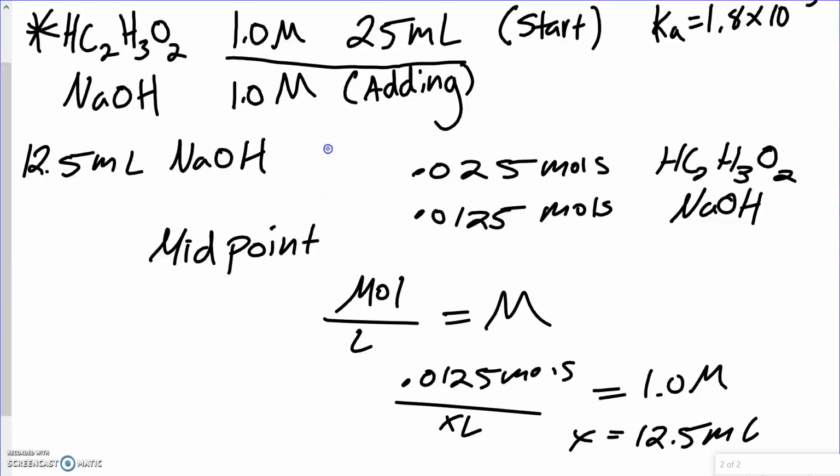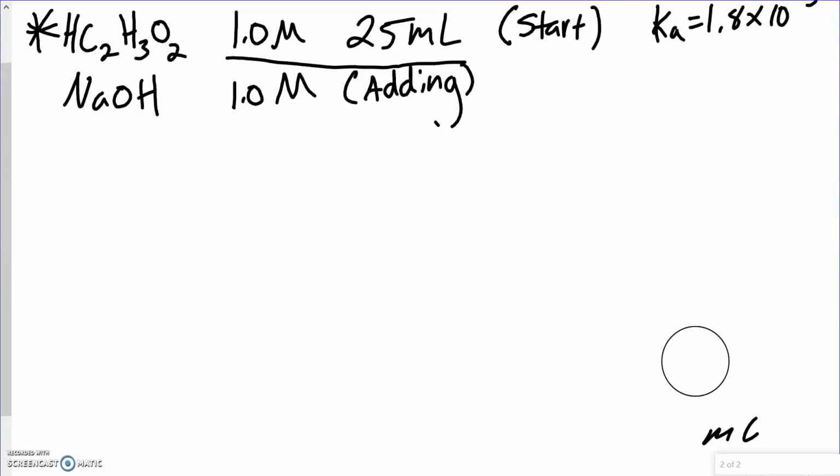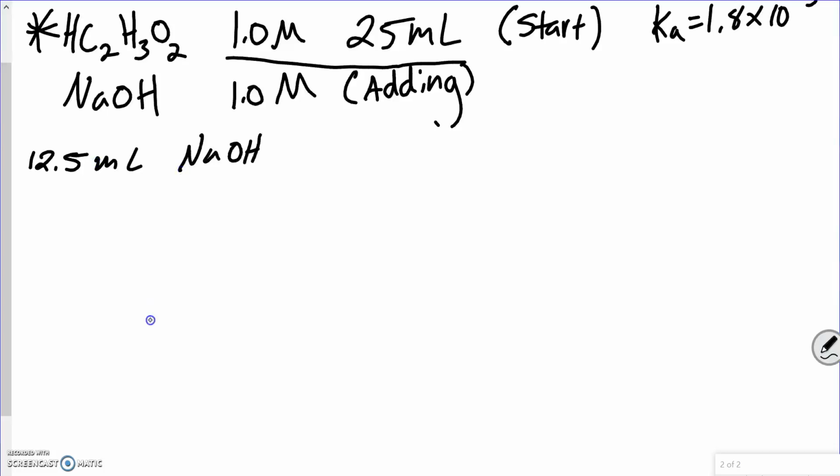So let's look at the math involved of actually doing this. Okay, let's get rid of all this real quick. Okay, and I didn't mean to erase that, so let me write that back up there. 12.5 milliliters NaOH. So remember what we talked about in class today, what we just did. Adding a base to an acid means we have a reaction. What is that reaction?